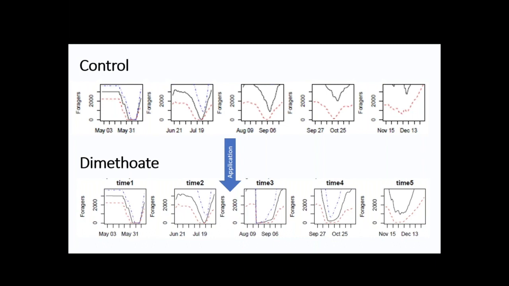And then you start to see this difference, where you see the median dip down relative to the control or the reference, and you see that prolonged decrease. So not all hives were necessarily impacted, but if you look at the median towards the end of the year, you can see the hives are still impacted. They have a lower number of foragers compared to the control.